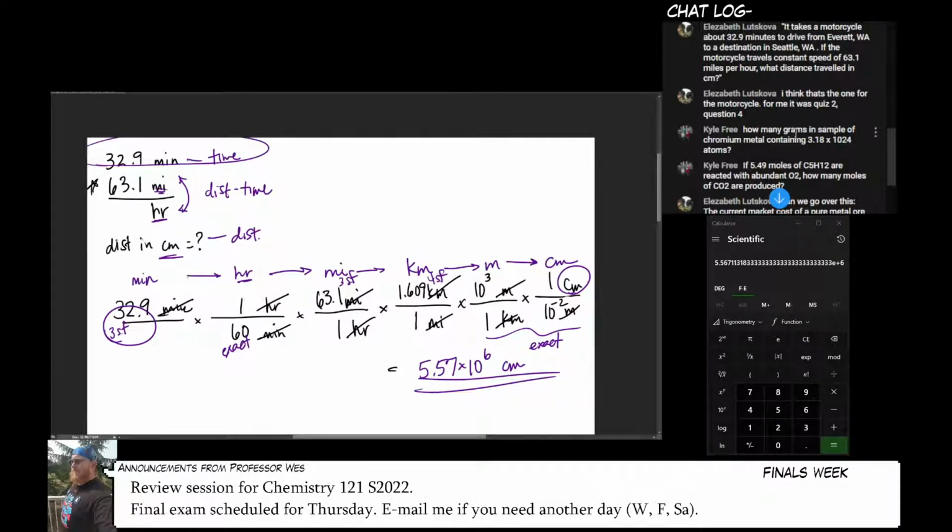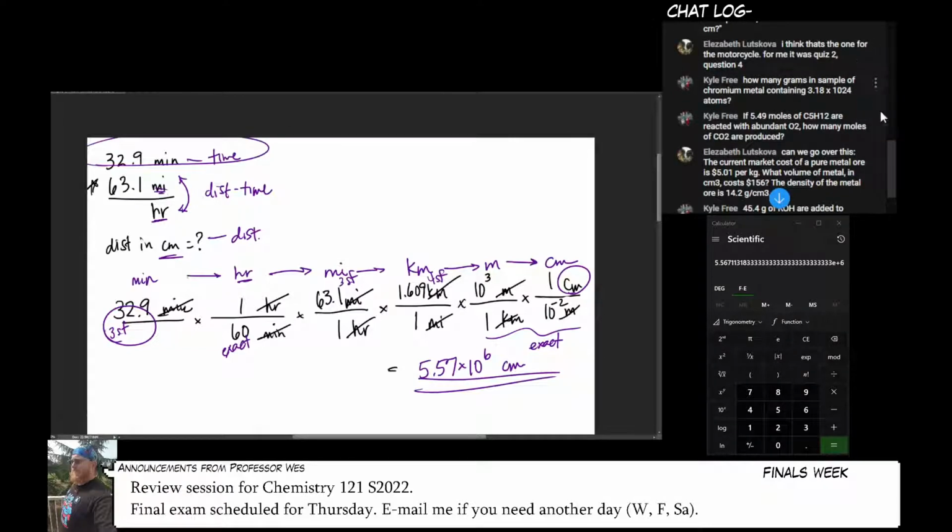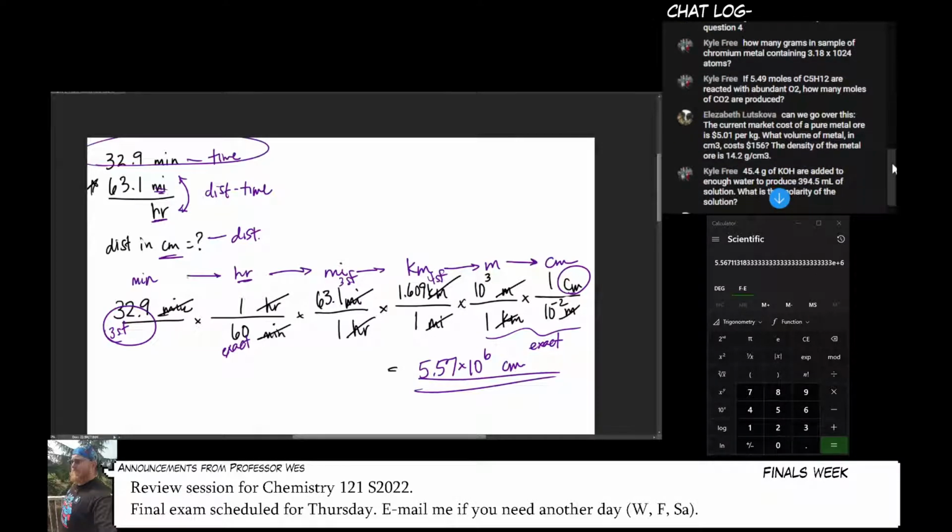All right, so now we're here. How many grams of... Oops, I scrolled it off the screen, sorry. How many grams in a sample of chromium metal containing 3.18 times 10... I'm assuming this is 10 to the 24 atoms.